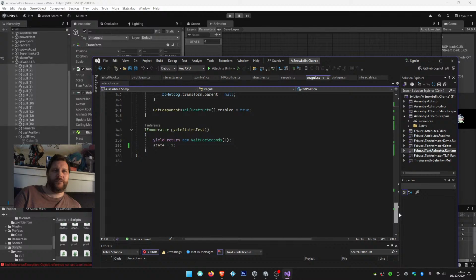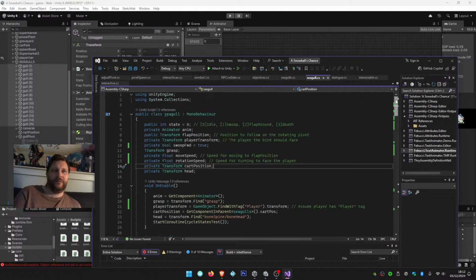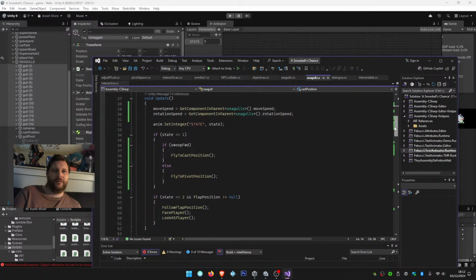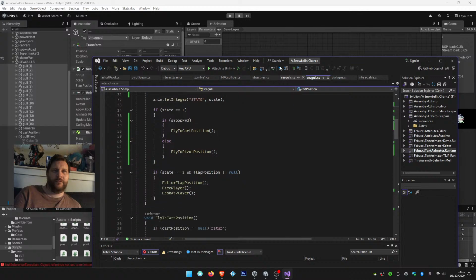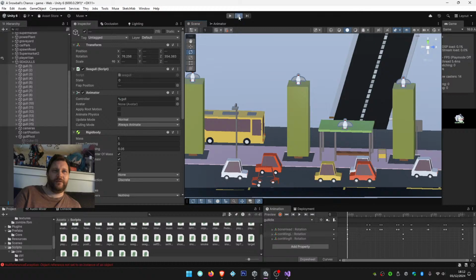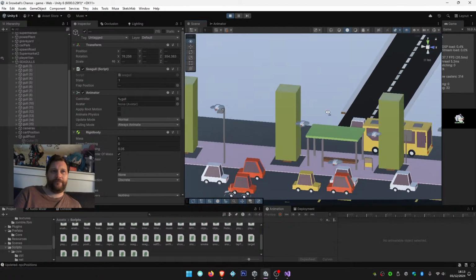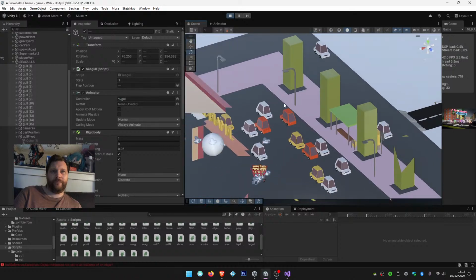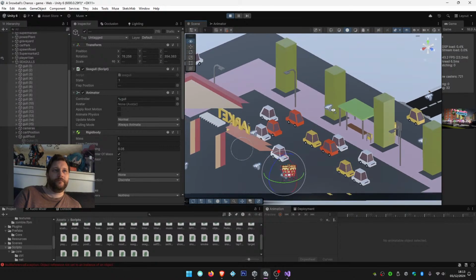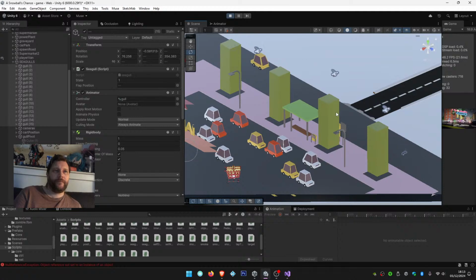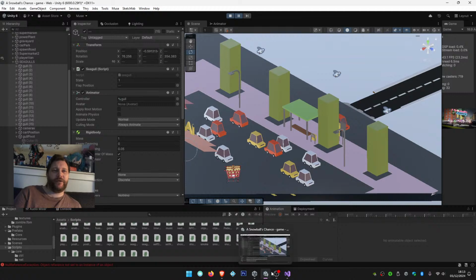What? I am so confused. Let me just see it again. They're still in state 1. What the fuck is happening?